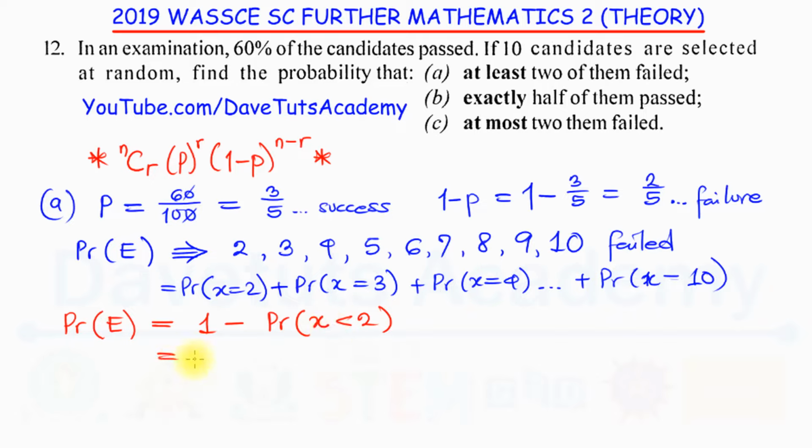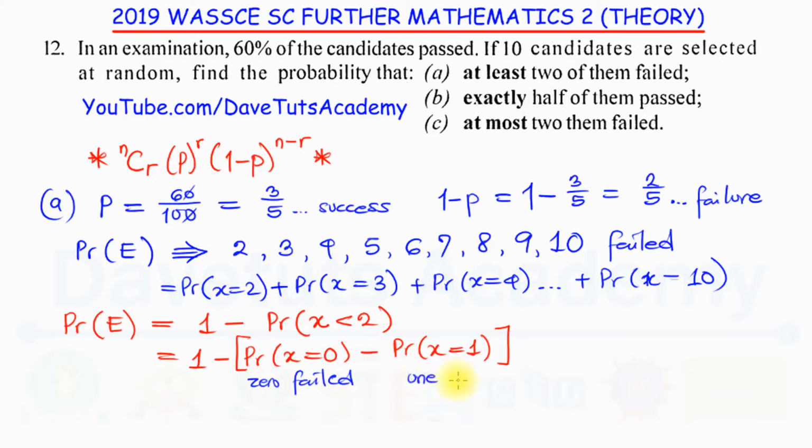So this will be 1 minus the probability of x is equal to 0, in which case none of them failed, then we put this in brackets, plus the probability that 1 of them failed. So this scenario is that 0 failed, no student failed, and here it is that 1 student failed.